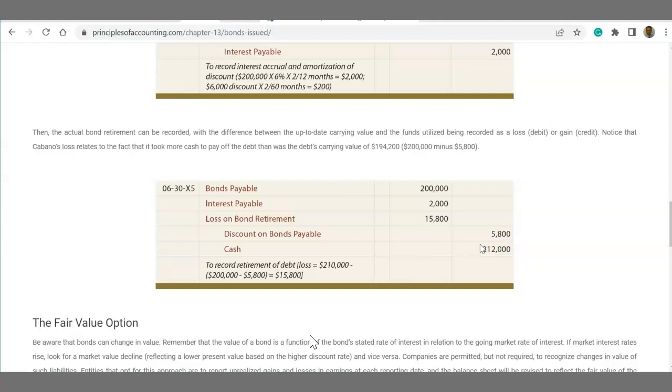So 212,000, which is 210 plus $2,000 interest, and 5,800 is all given. The only thing to plug in is this number, which you don't know till you plug it in. So you plug all these numbers in, and then this number equals 212,000 minus those two numbers, and that gives us 15,800.